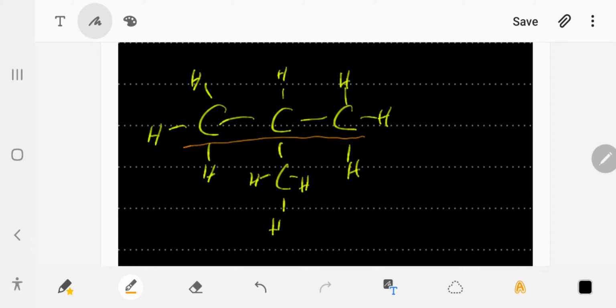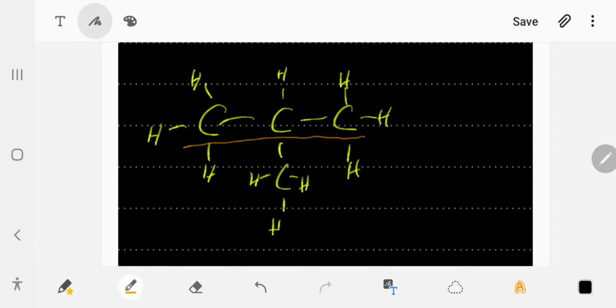and make this one the longest chain. Now notice here that this carbon atom is not included within the series. This is a branch off the series. So it will take something else. So the longest series here is 1, 2, 3.